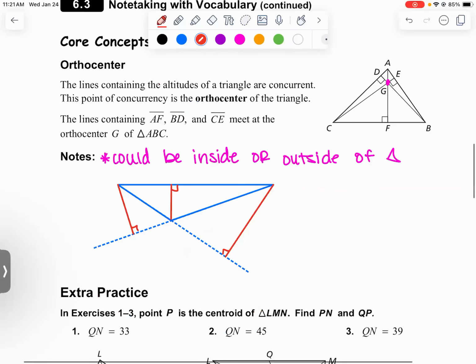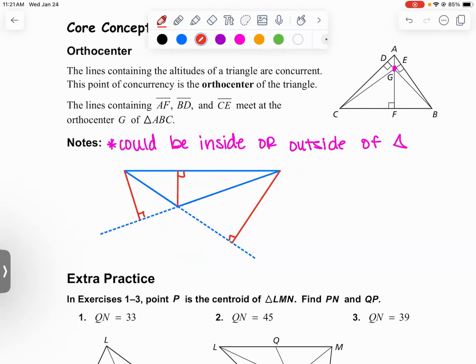Now, didn't I say these were going to intersect? Orthocenter. There's the orthocenter. There's where our altitudes are intersecting.